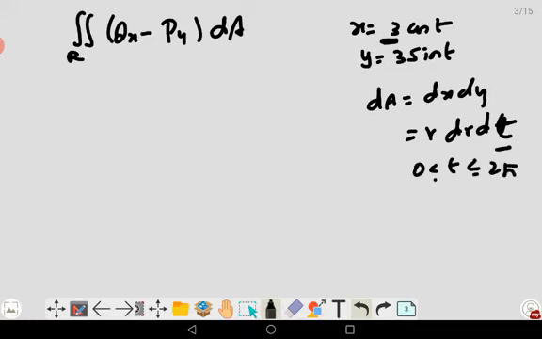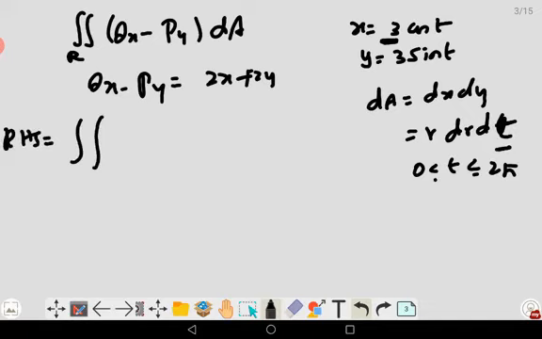So here we go. What do you get? Qx minus py is equal to 2x plus 2y. Now the right hand side becomes double integral 2x. We have to take x is equal to r cosine θ.